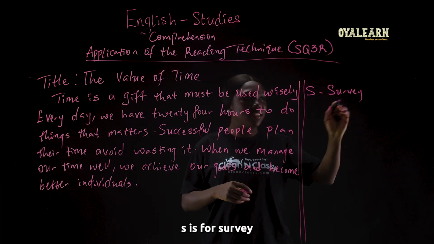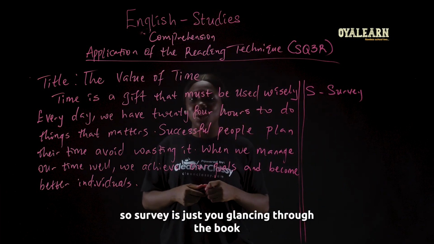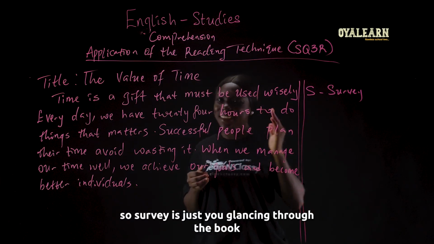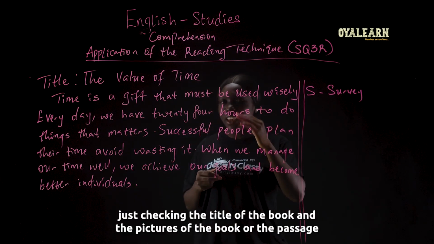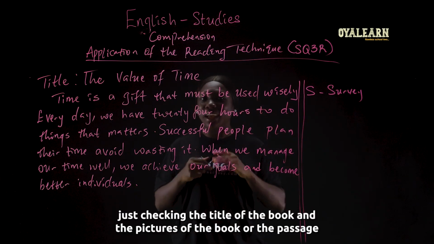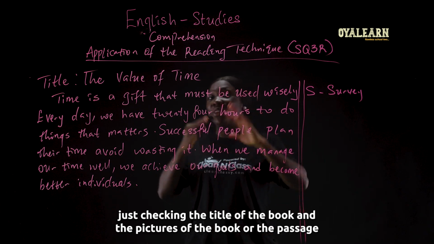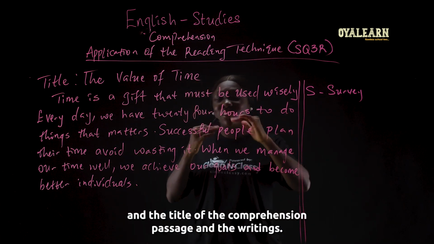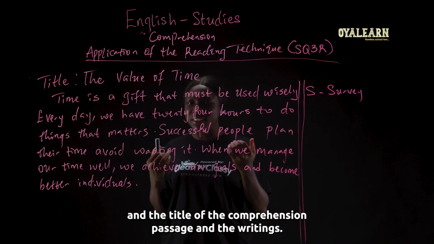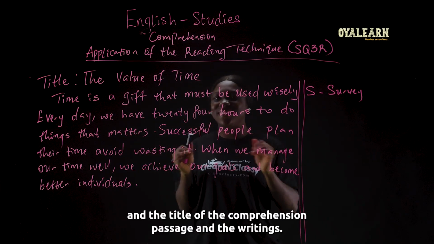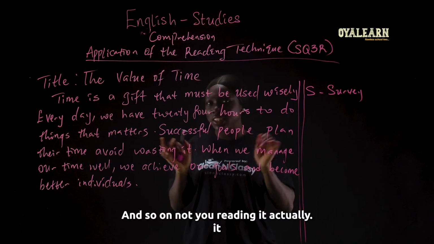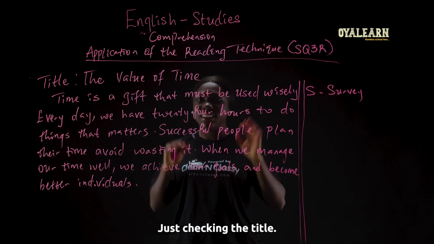S is for survey. So survey is just you glancing through the book, just checking the title of the book and the pictures of the book or the passage and the title of the comprehension passage and the writings and so on. Not you reading it actually, it's just checking the title.